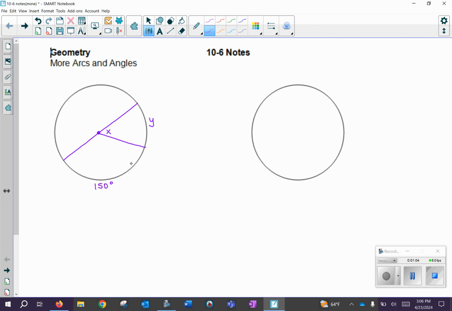So I would take 180 minus 150 to get y, and that would be 30 degrees as the arc measurement. Go ahead and put it in the picture. You never know when it's going to help you with something else. We'll see that a lot today.